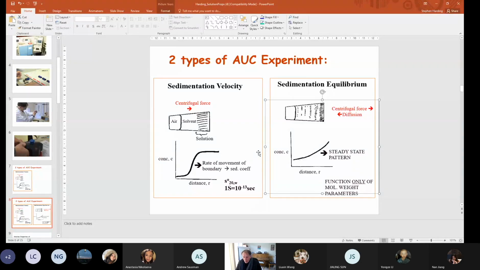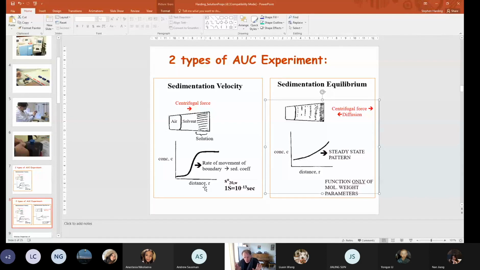But also it can be used to assess the purity of a molecule. Because all this information is going into a computer, we can not only find the average sedimentation coefficient of all the materials inside your solution, we can get a distribution of sedimentation coefficients.